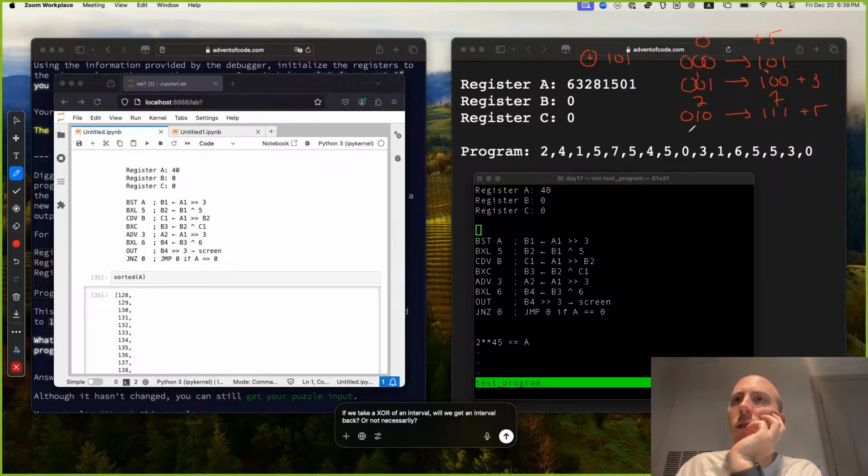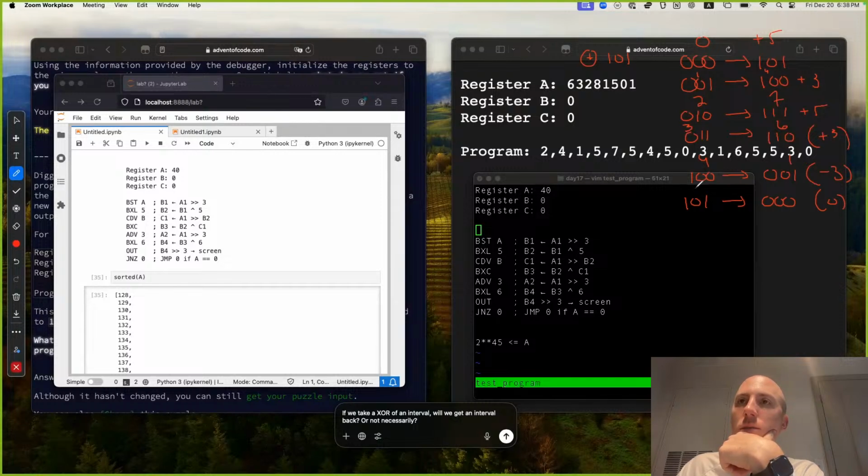So it's plus 5. 0, 1, 1 is a 3, and 1, 1, 0 is 6, so plus 3. 1, 0, 0 goes to 0, 0, 1, so this went from 4 down to 1, so you minus 3. 1, 0, 1 is going to go down to 0, so 5 down to 0. Oh, so this is a minus 5.